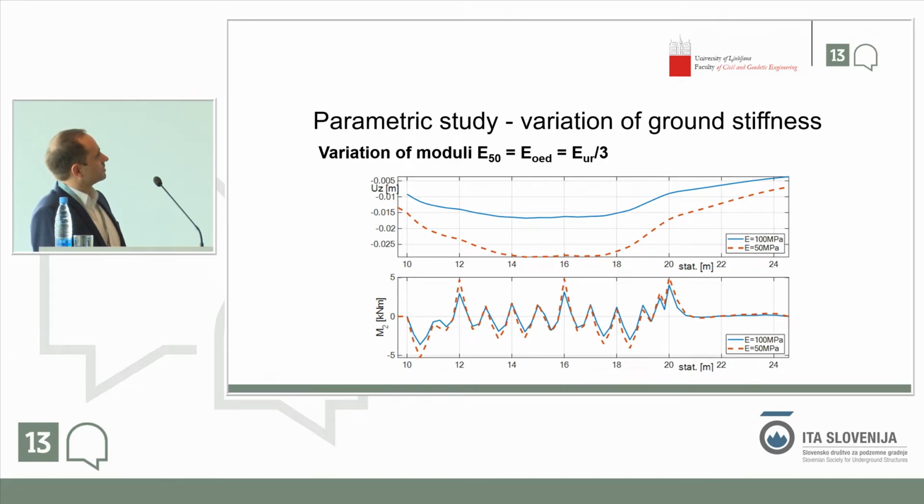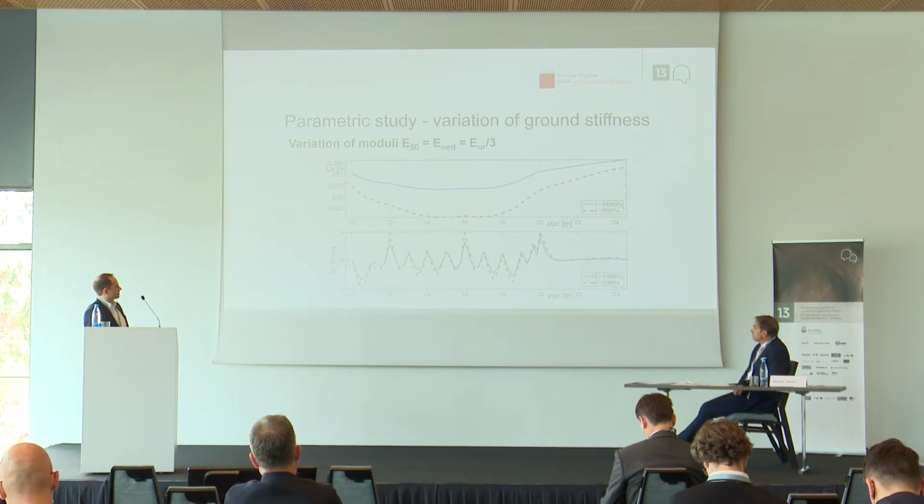And the result is such that a 50% decrease in modulus results in twice the settlements in the pipe, which is approximately expected. On the other hand, with the bending moments, here you have some spikes, and the 50% decrease in the modulus results in approximately 20% increase in bending moments.